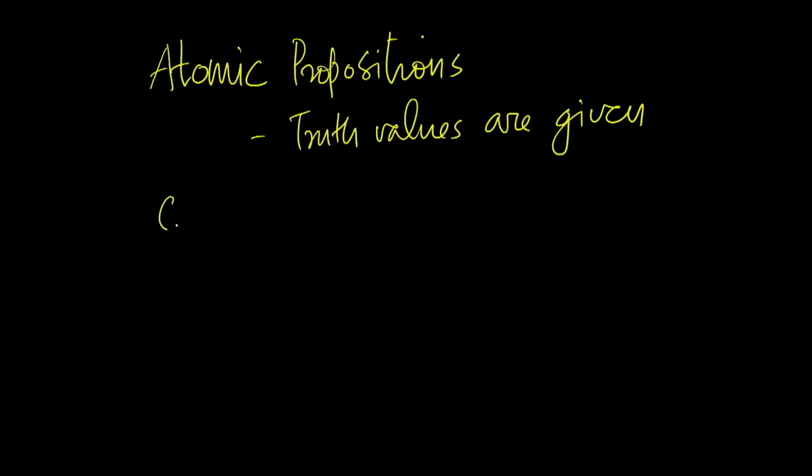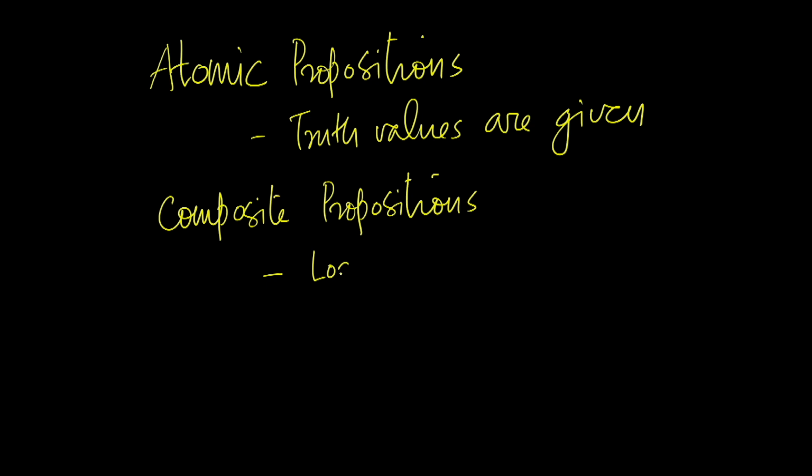And then we can combine atomic propositions to form what are called composite propositions. Composite propositions are made using atomic propositions, and these atomic propositions are combined using logical connectives. That is, composite propositions are synthesized from atomic propositions using logical connectives.